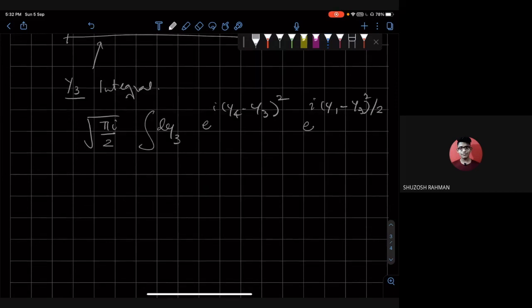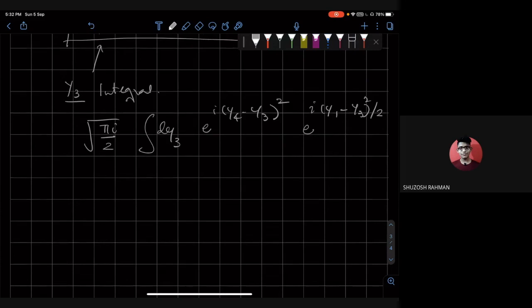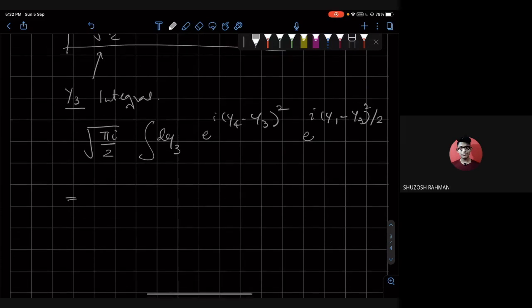And if I now do the same sort of simplification, that is, expand this and combine with this, we have to write everything in terms of a y3 squared plus b y3 plus c, right? There will be a term which will be quadratic in y3. We have to express this exponent in this form, because I'm doing a Gaussian integral.